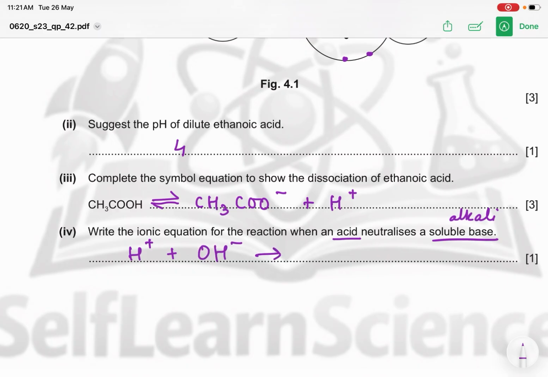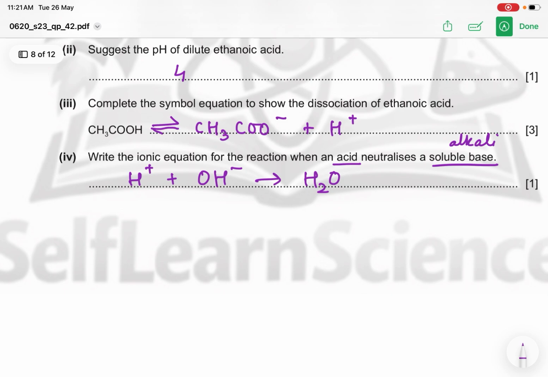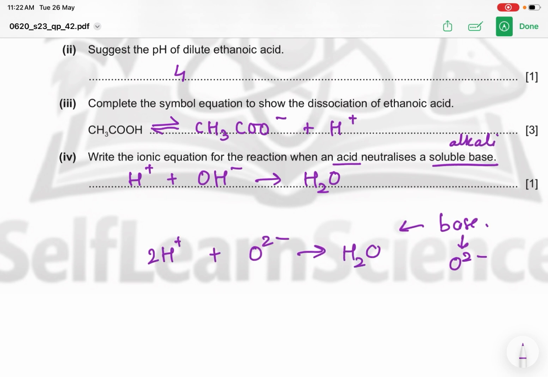When they combine, it forms water, H2O. If they would have asked you for a base, for base we have O2 minus. So the ionic equation for that would become 2H plus and O2 minus giving us H2O. So you have to read what they have given.